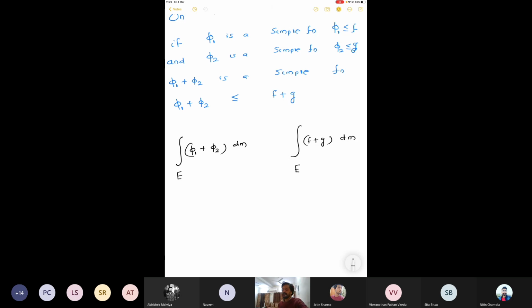How are they connected? Remember that by definition, the integral over e of f plus g dm is obtained by integrating all simple functions less than or equal to f plus g and then taking the supremum. So this is the supremum of the quantities you have here. So this will be what? Less than or equal to. Yes or no? Yes. So I will write it the reverse way.